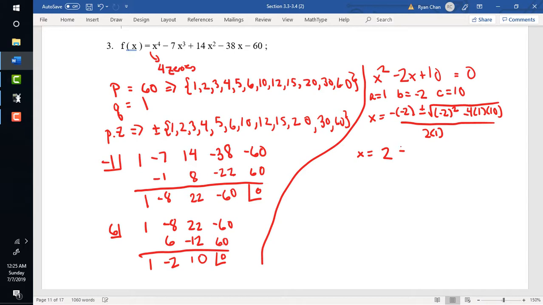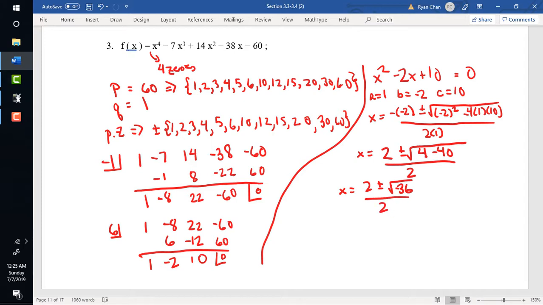So I have 2 plus or minus the square root of 4 minus 40, over 2. 2 plus or minus the square root of negative 36.